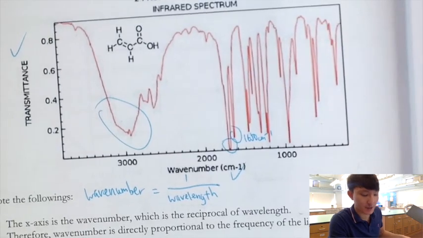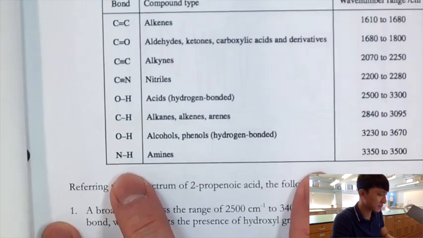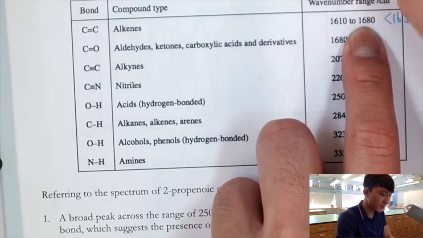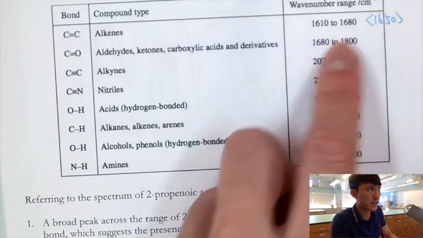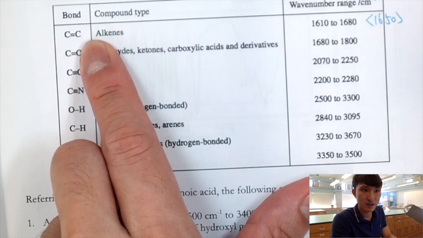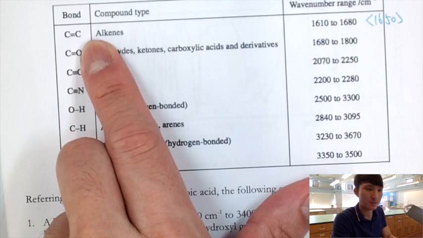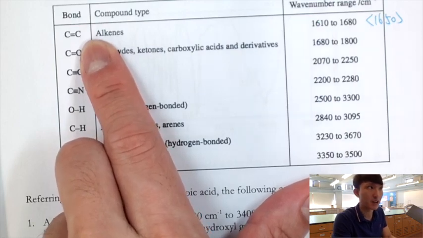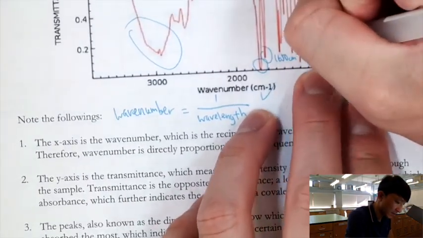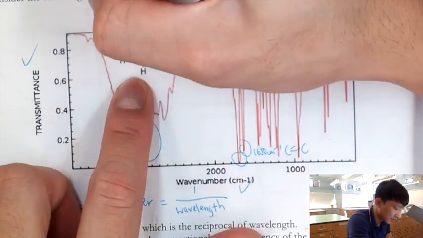If you check the table on the right-hand side, which should be given in your DSE exam, 1650 belongs to this range, and that tells you the presence of a C=C double bond in your organic compound. This is very important information because you know it should have an alkene, maybe an alkenyl group. So our deduction is that there would be a C=C double bond. And do we have it? Yes, we surely have it, the C=C double bond here.